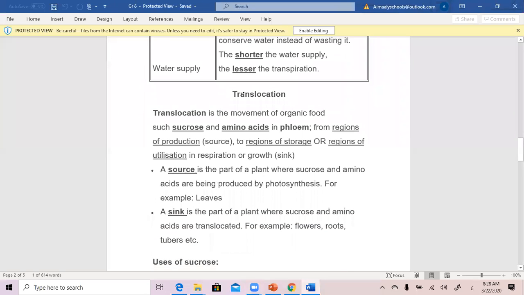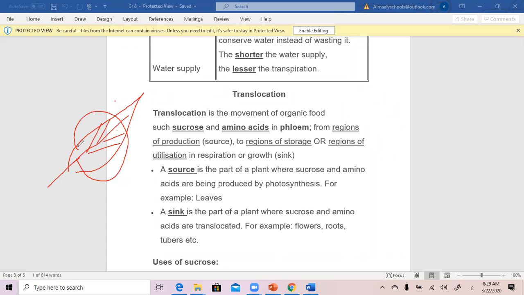We go now to translocation. What is translocation here? Translocation means, different from transpiration, movement of organic food such as sucrose. As we said before, and we drew before, in the leaf of the plant, photosynthesis happens.